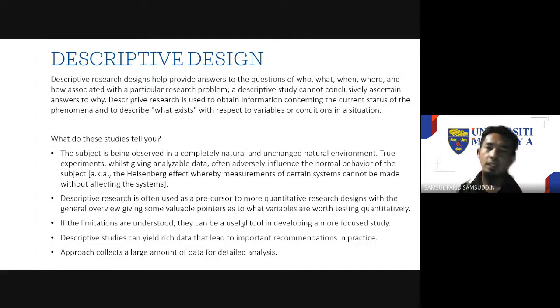So what do these studies tell you? The subject is being observed in a completely natural and unchanged environment, whereas an experiment, while giving analyzable data, often adversely influences the normal behavior of the subject. This is also known as the Heisenberg effect, whereby measurements of certain systems cannot be made without affecting the system. Descriptive research is often used as a precursor to more quantitative research design, with the general overview giving some valuable pointers as to what variables are worth testing quantitatively.